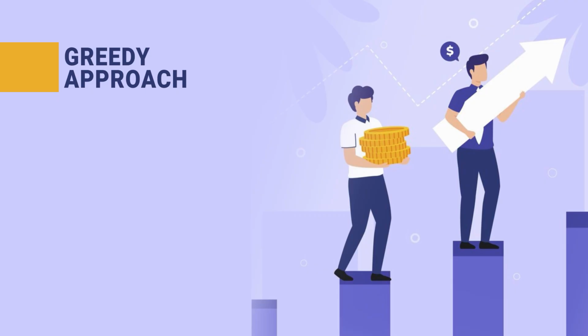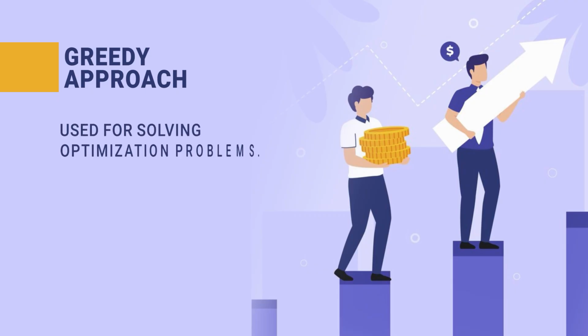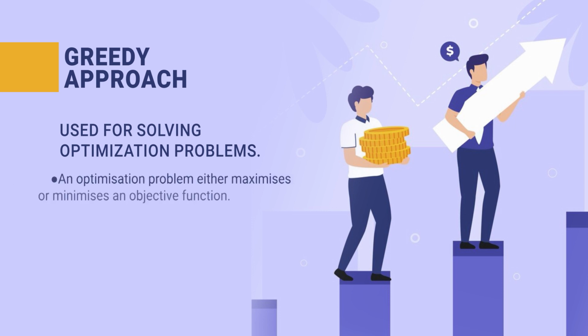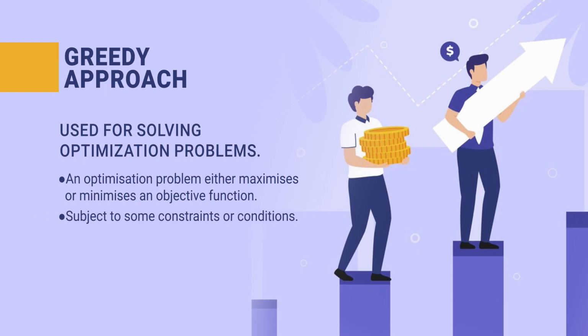Now, greedy approaches are basically used for solving optimization problems, which basically maximize or minimize the objective function, right? These objective functions are further put to certain constraints or conditions.